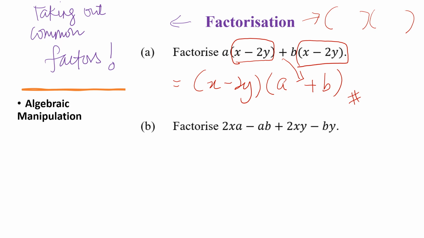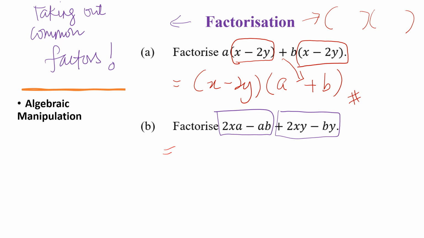There are 4 terms there: 1 term, 2 term, 3 term, 4 term. So we're going to group them. Take it as 4 friends, put them into 2 groups, every group 2 friends. So I'm going to put these 2 together and then these 2 together. Let's look at your first 2 friends.